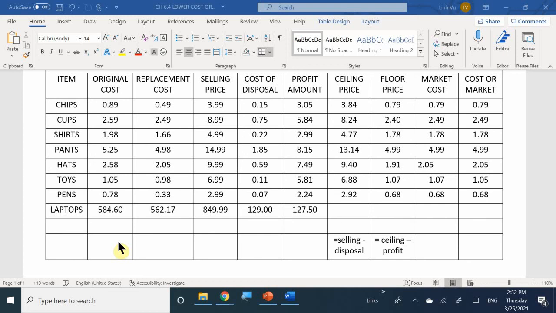It's $562.17 now. Now, I originally sell these at $849.99 a pop. And to dispose of them, it's very expensive to dispose computers. It's going to cost me $129 to dispose. And then, of course, I want to get at least $127.50 profit out of it. So what is going to be my ceiling?